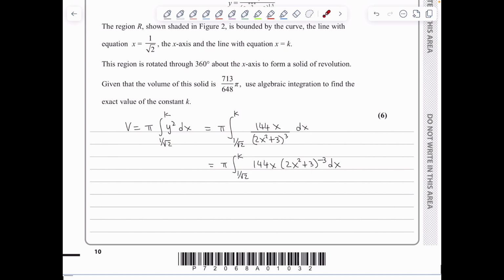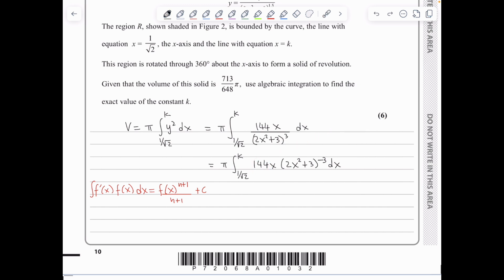And bearing in mind that the integral of f dash of x times f of x to the n dx is simply f of x to the n plus 1 over n plus 1 plus c. So this is called integration by recognition, or using standard patterns, or using the reverse chain rule. What I see here is that it would be great if we could see in front of the brackets the derivative of 2x squared plus 3, which is simply 4x. So what I will do, I will split the 144 as 36 times 4.